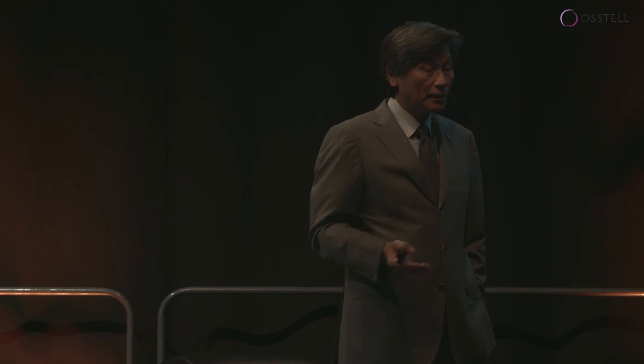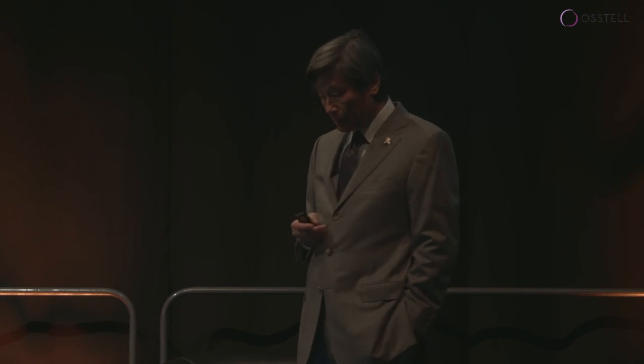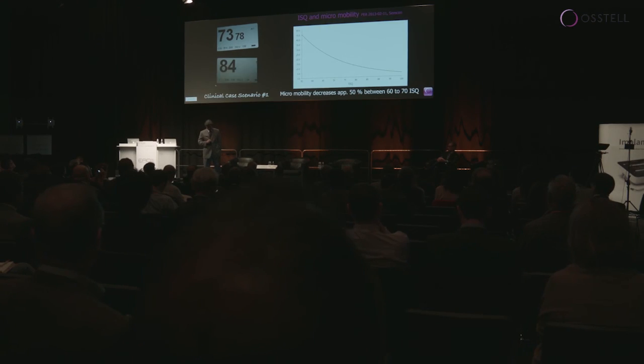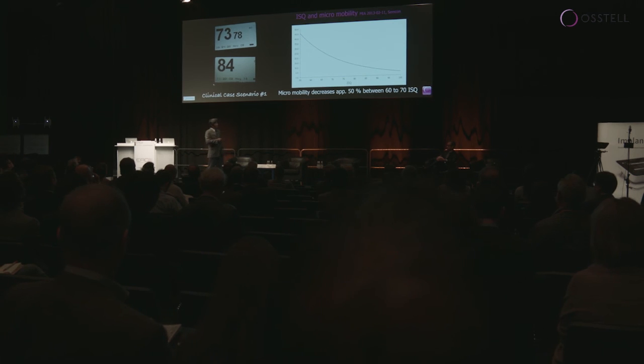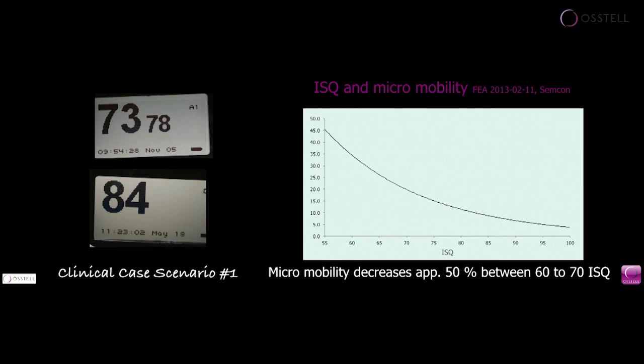And I've already given you an example of how you can achieve high frictional resistance, right? You just under-prepare the implant site and you'll get great insertion torque. But that will not tell you the ability for that implant to heal, or rather the bone to respond to that force. So what this tells me is that going from 73 to 84, we have reduced the micromobility of that implant to almost 0.